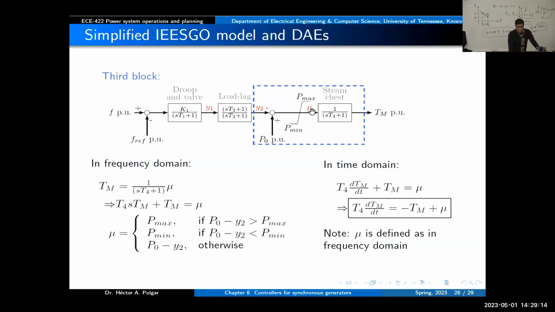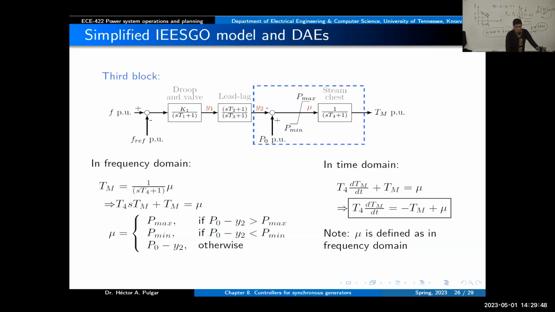And finally, with that mu, whatever value of mu we get, we have the last description, which is a first order block. In frequency domain, Tm is this transfer function multiplied by mu. So we repeat the process. We pick the denominator, send it to the left side of the equation, and you get T4 multiplied by s Tm plus Tm equal to mu.